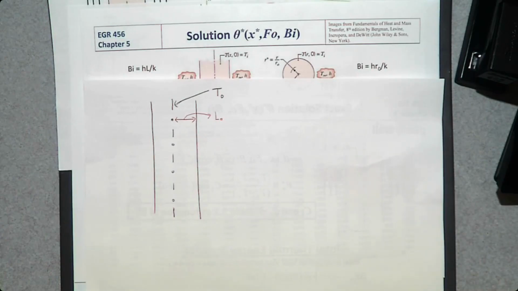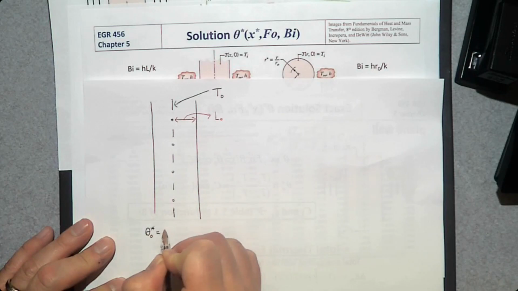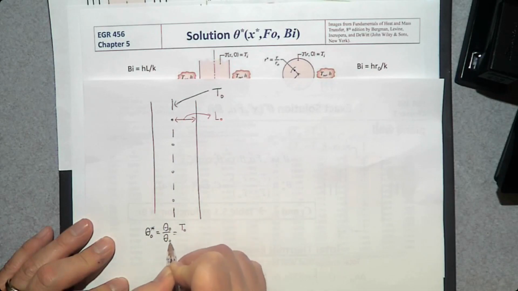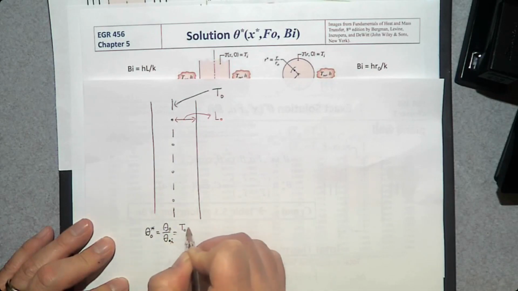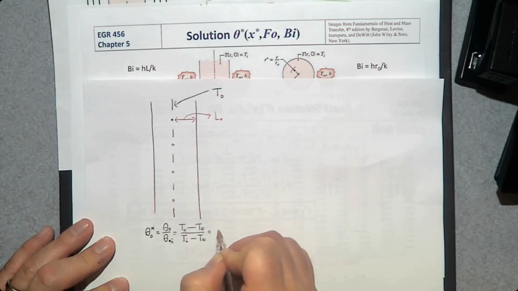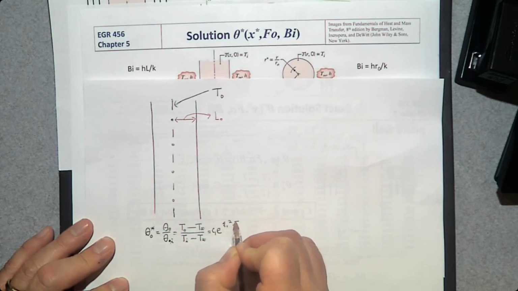Then the governing equation is theta star 0, which is theta 0 divided by theta i, which is T0 minus T infinite over Ti minus T infinite, and that is going to be C1 e to the power of minus Z1 squared times the Fourier number.